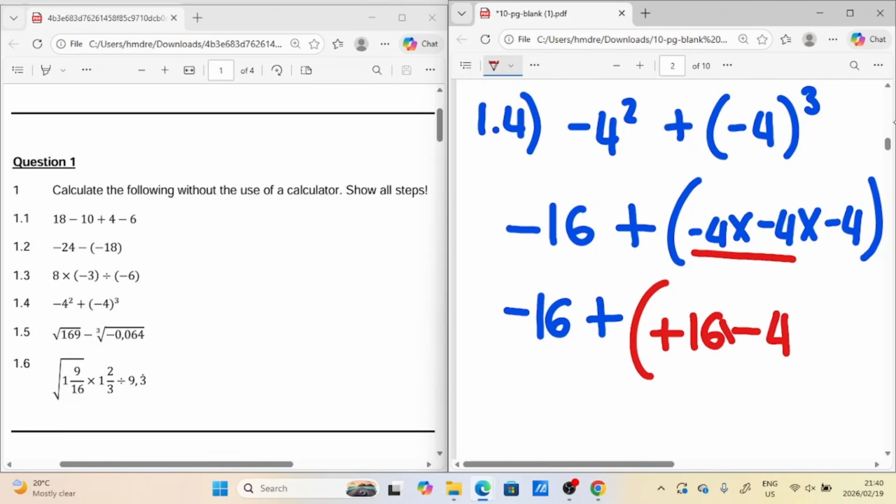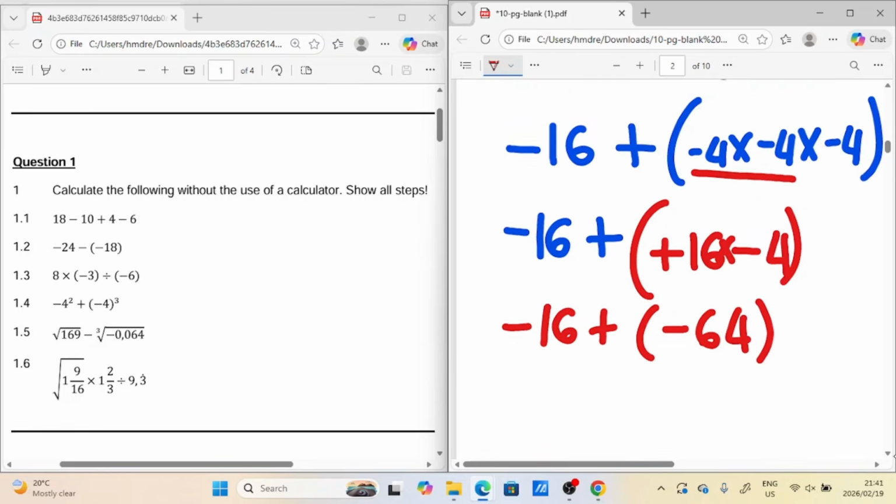Times by minus 4. This is going to be positive 16 times negative 4. So 16 times 4 is 64. And a positive and a negative makes a negative. It's going to be minus 64.